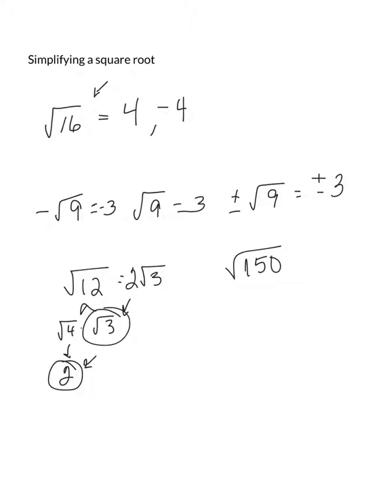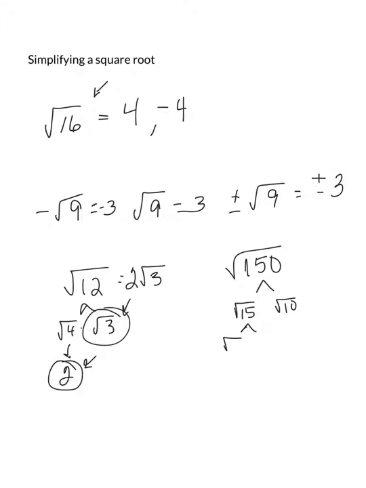So another one that you can have would be like the square root of 150. Here, I could do 25 and 6, but say I didn't see that perfect square right away. Maybe I saw 15 and 10. So square root of 15 times the square root of 10 is going to give me the square root of 150. Neither of those are perfect squares. So I need to break it down again to see if there are any matching squares.